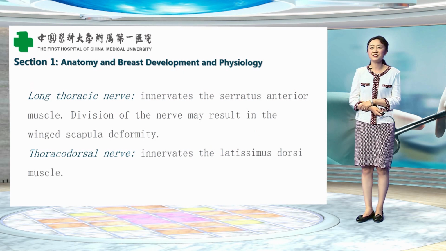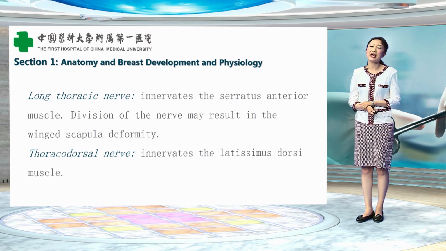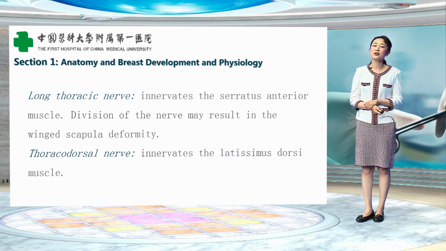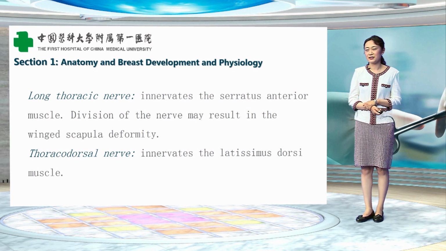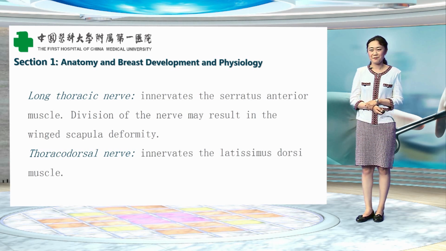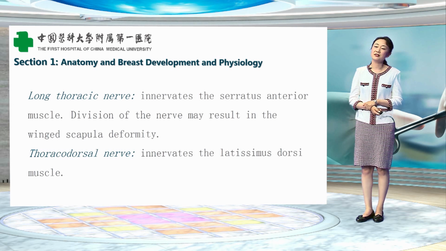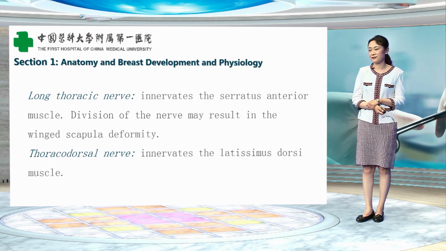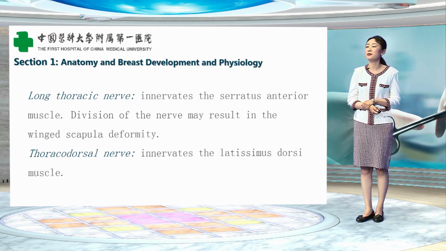There are two major nerves in the axilla, and you will meet them when you are doing axillary dissection. The first one is the long thoracic nerve, which innervates the serratus anterior muscle. Division of this nerve may result in a winged scapula deformity. The second important one is the thoracodorsal nerve, which innervates the latissimus dorsi muscle.